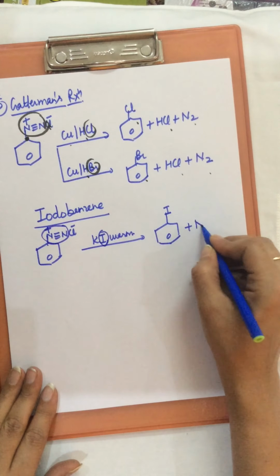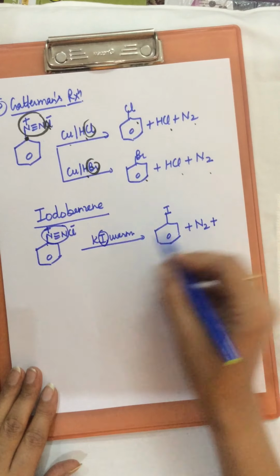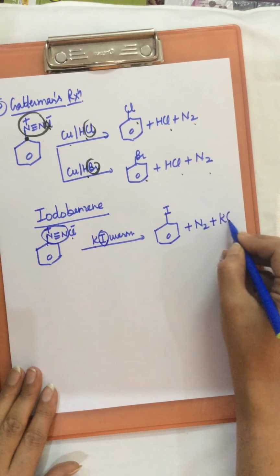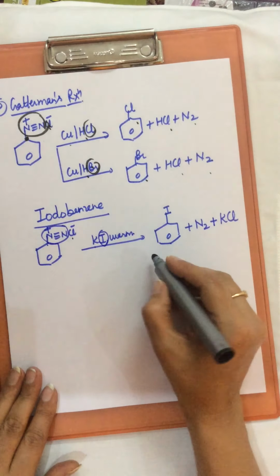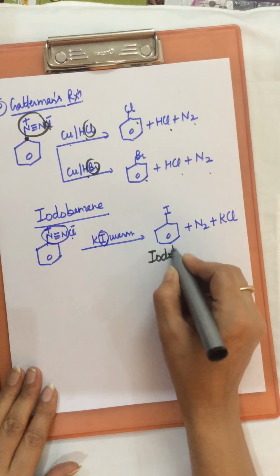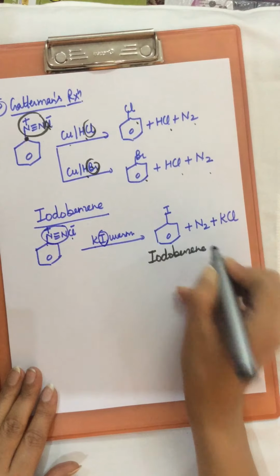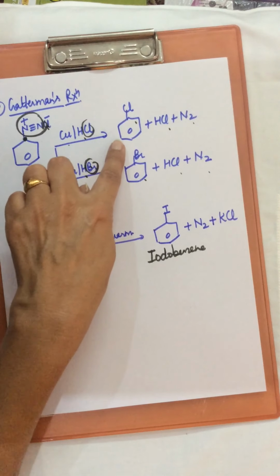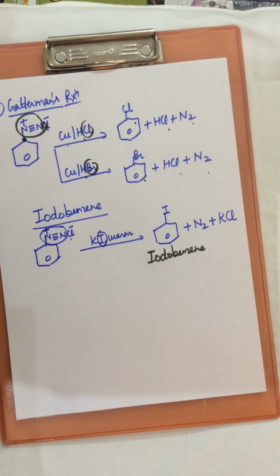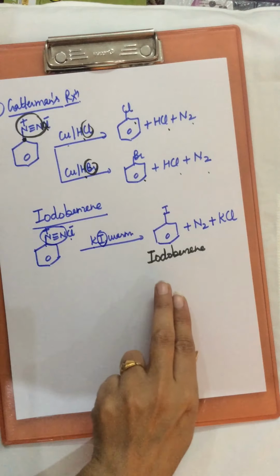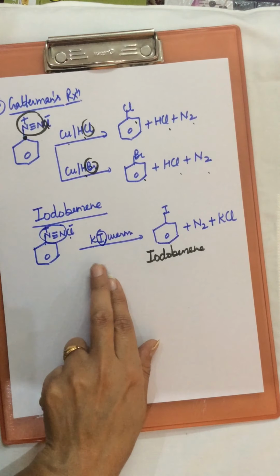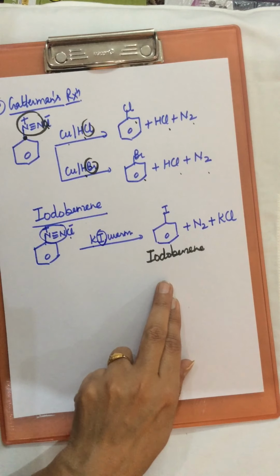Nitrogen comes out, and another byproduct is KCl, from K and the Cl left here. So using Sandmeyer's reaction we can get chlorobenzene, bromobenzene. Using Gattermann's reaction we can get chlorobenzene and bromobenzene. But to get iodobenzene, to benzene diazonium chloride only, we add KI and we can get iodobenzene.